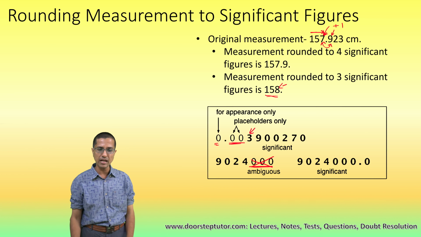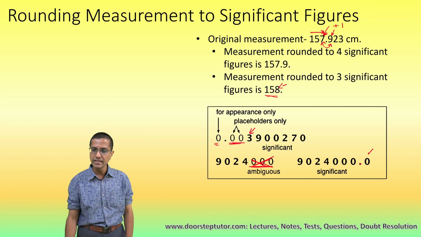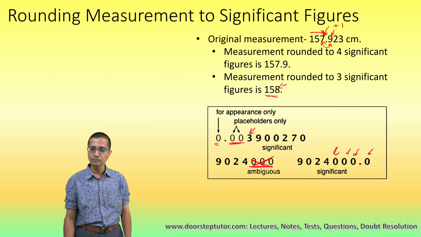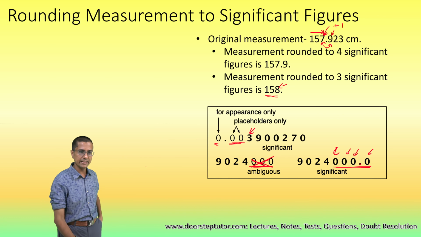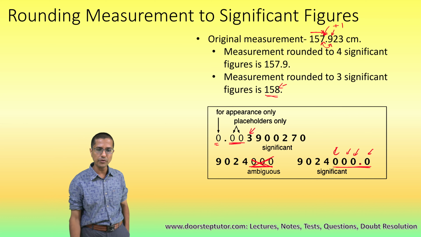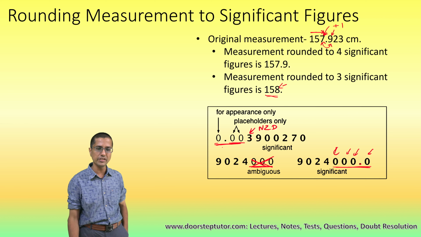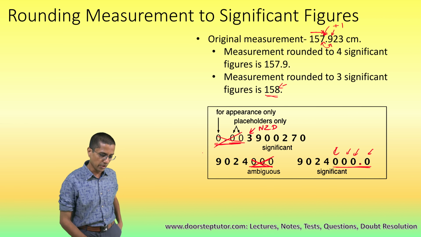These zeros are always insignificant, they are never taken into account. But if I put a decimal point, I want it to have these zeros. I have measured all of these zeros, and in that case, all of them become significant. In this case, the zeros before the first non-zero digit, if there are any, always become insignificant.